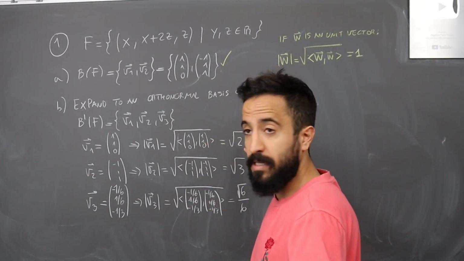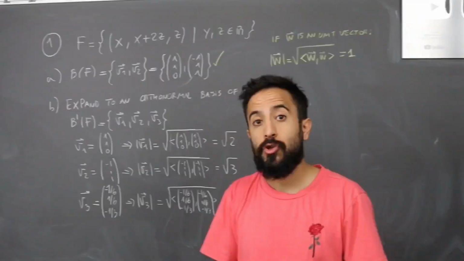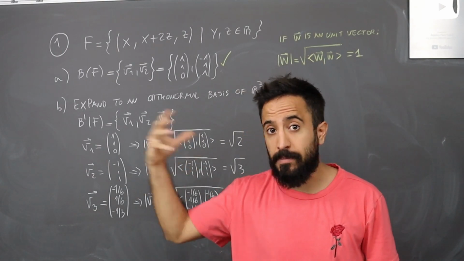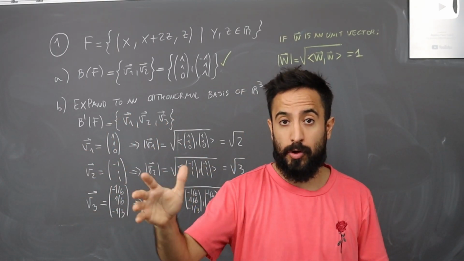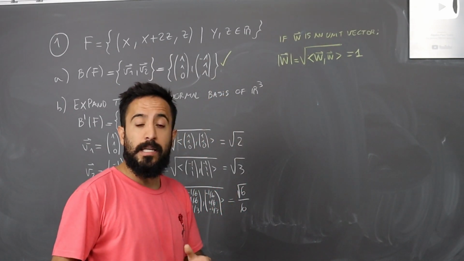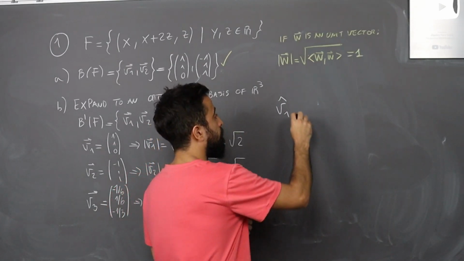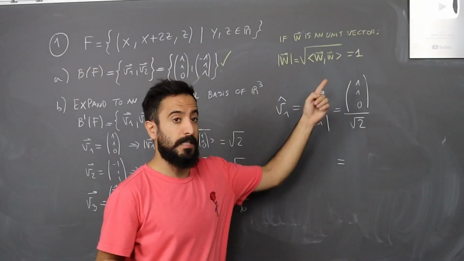So, obviously, they're not unit vectors. These are not 1, right? So we have to turn them into unit vectors. And to do so, we just take the vector and we divide it by its current length. So that means that in order to get the unit vector b1, which we write like this, what we have to do is this operation. So in this particular case, we get this operation, right?